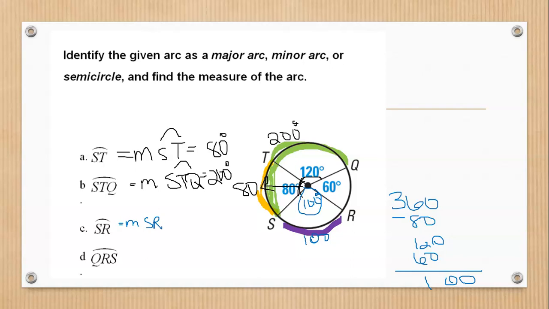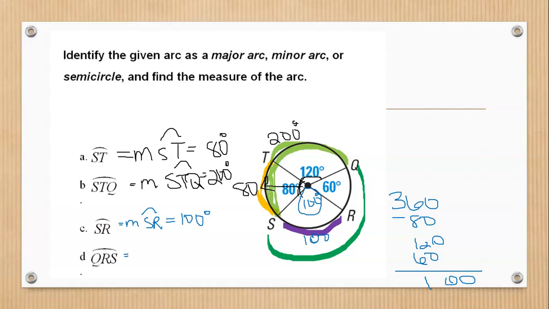So remember, if it's a central angle, then they're equal. If it's not a central angle, then you can't use this theorem. We'll see what happens later with that. All right, QRS is this arc here on the outside. Well, they're all on the outside. QRS.